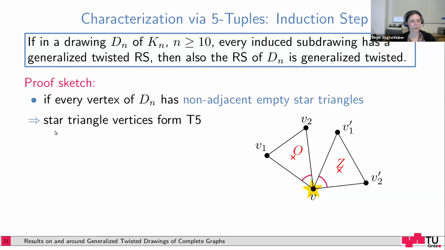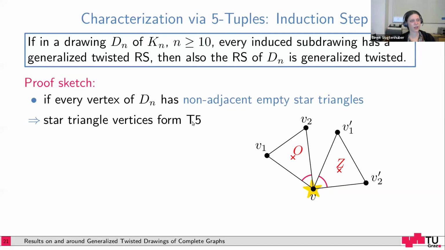The second case of the proof: if every vertex of the drawing has two non-adjacent empty star triangles. Recall that every vertex has two empty star triangles, but here they're non-adjacent for every single vertex of the drawing.